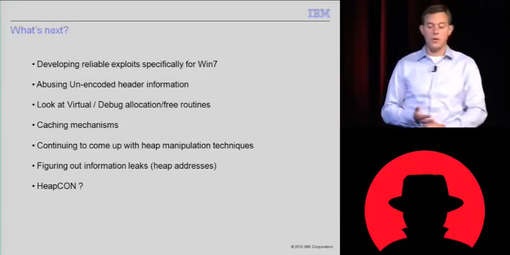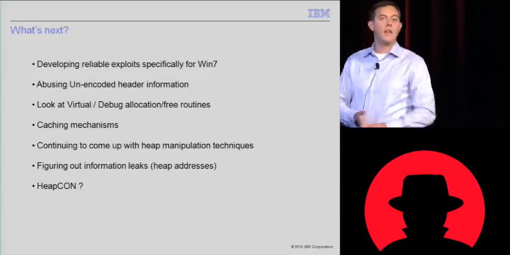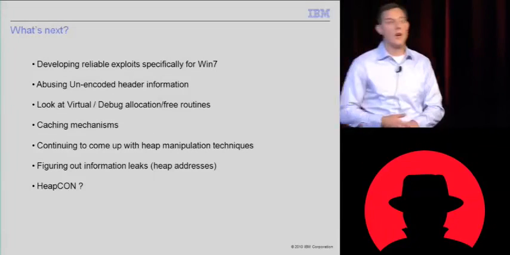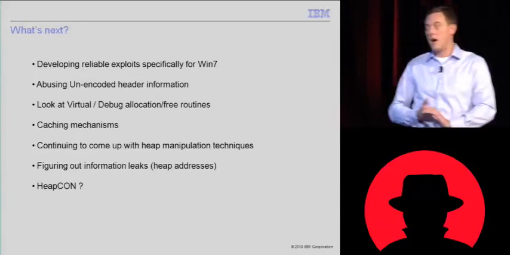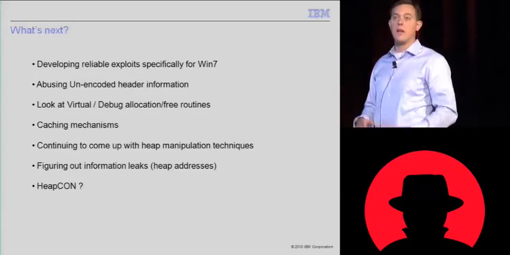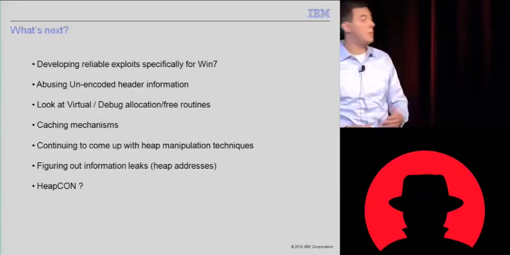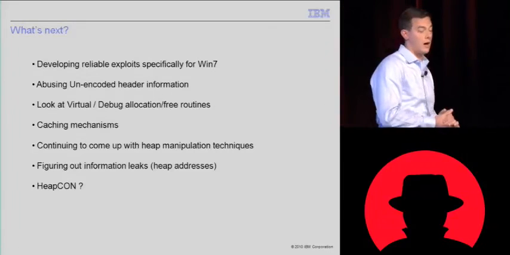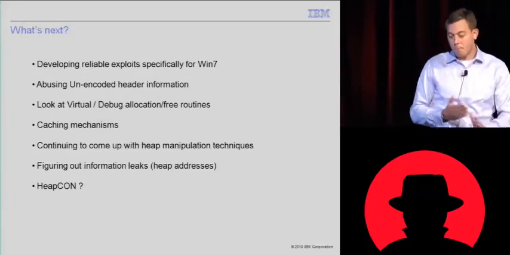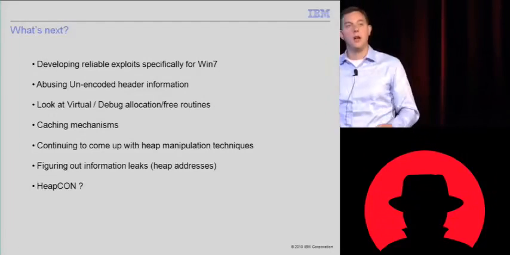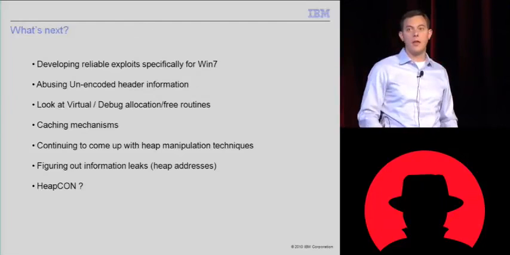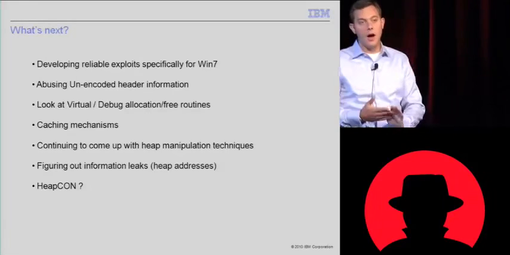I didn't even begin to reverse any of the virtual debug allocation or free routines in Windows 7. That's a lot of ground to cover there for chunks of very large sizes. There's a lot of caching mechanisms that I left out for simplicity's sake that may be able to be abused accordingly. I think heap manipulation techniques are going to be even more important than the bug at that point.